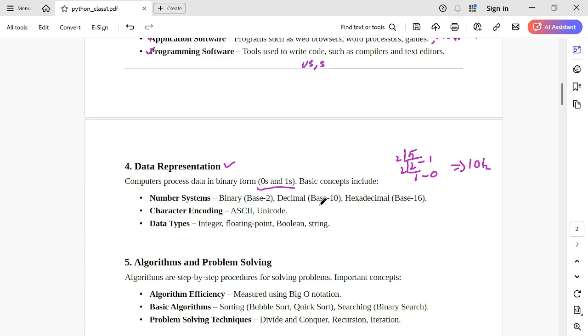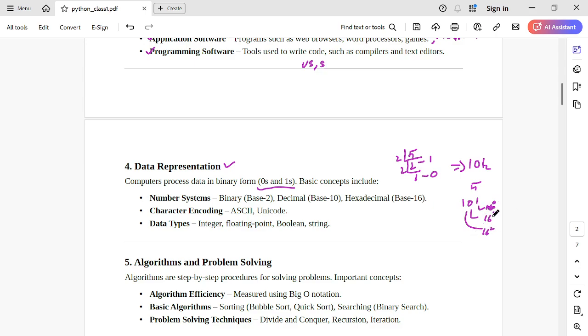And next is decimal representation. So here 5 is a decimal representation, and then hexadecimal representation. So this is what 5 is. If you multiply with 16 power 0, 16 power 1, and then 16 power 2, right, so this is hexadecimal.